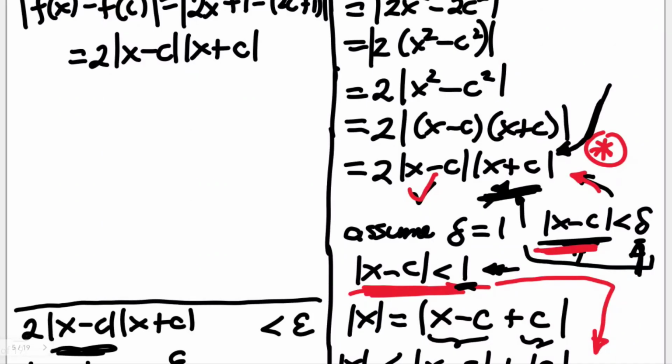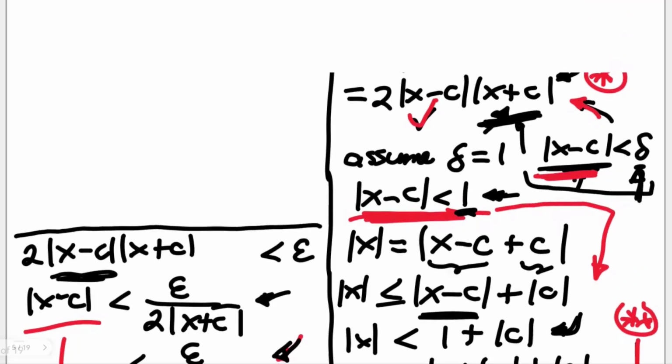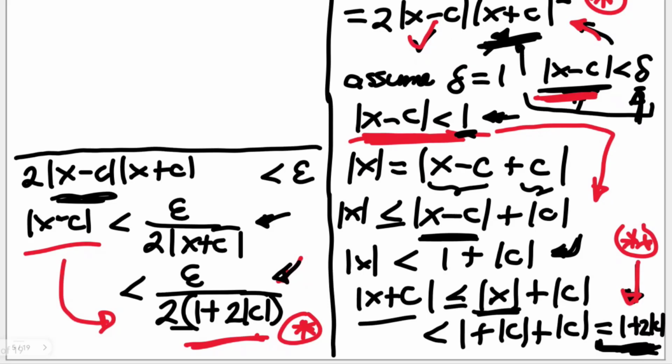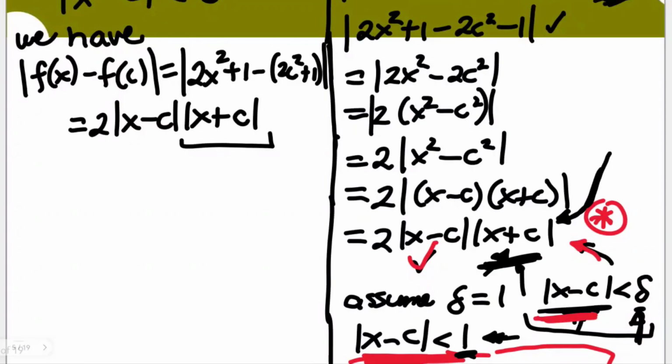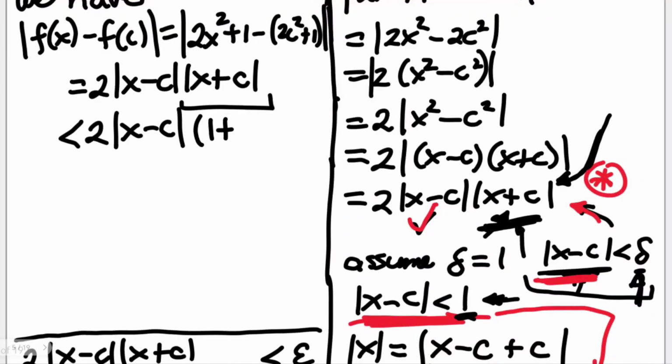Take note that once we use x plus c, we actually had x plus c earlier, less than 1 plus twice the absolute value of c. So once we use this value, we will be changing the equality now to less than. That's twice |x − c|, and then you have |x + c|, which is again 1 plus twice the absolute value of c. That is for x plus c.